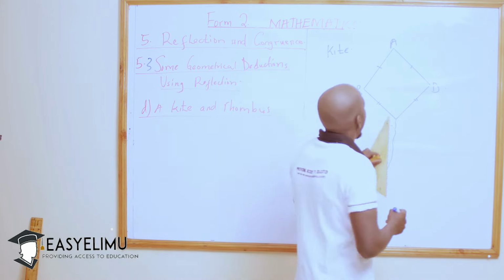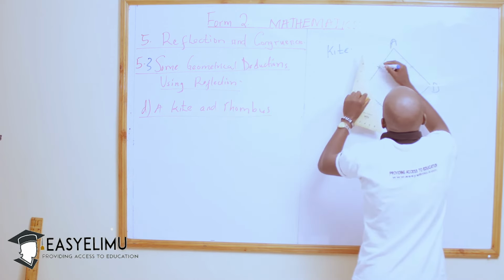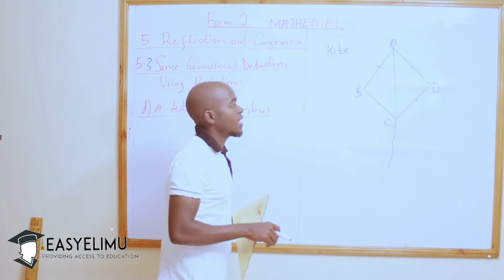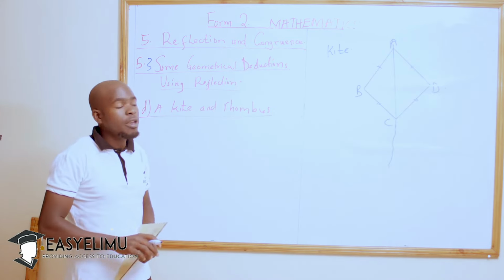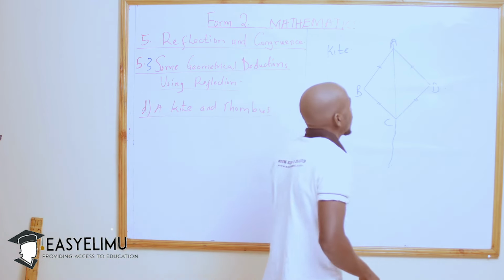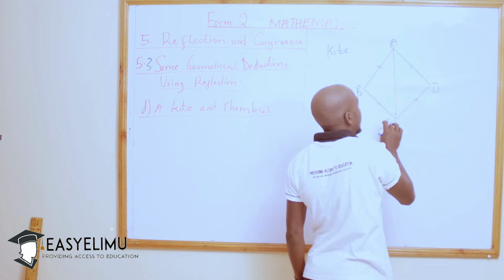Here the sides are equal. I'm going to use AC as my mirror line. If that is the mirror line, then I have now constructed a triangle here, which is ADC.